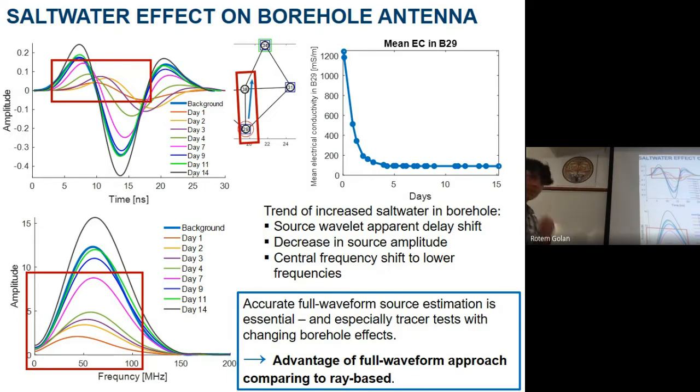The electrical conductivity attenuates the higher frequencies more, shifting the spectrum to lower frequencies. Yeah, it reduces, and the absorption or attenuation is dispersive. It's mainly on the higher frequencies, so we have a higher loss in the higher frequencies.